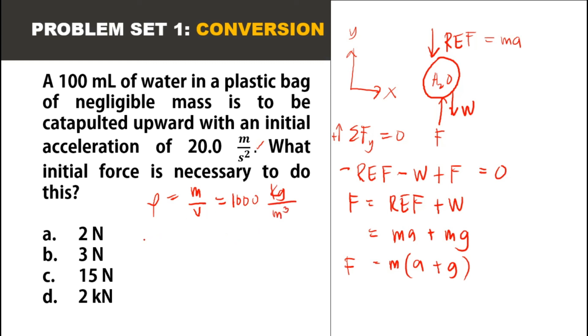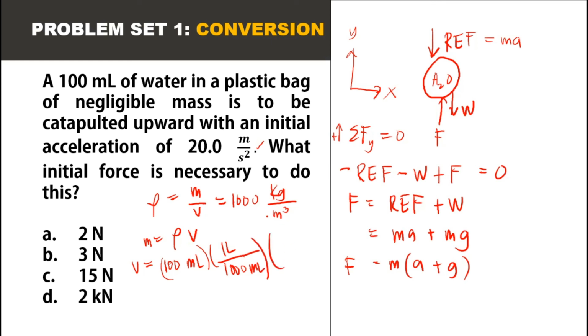So the mass is density times volume. The volume is 100 ml. We can convert that. We have 100 milliliters. 1 liter is 1000 ml.